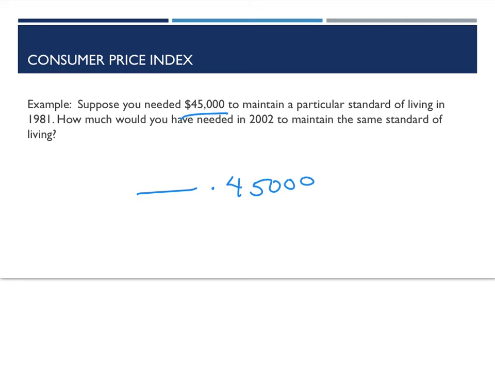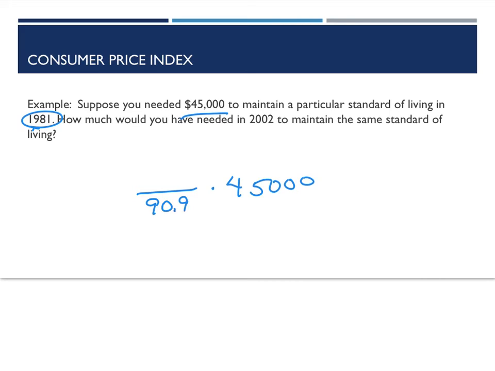If I have $45,000 in 1981, how much would I have had to earn in 2002 to keep my same standard of living? Well, the $45,000 is paired with 1981. What that means is I'm going to look at my Consumer Price Index and find the CPI for 1981, and that's going to go on the bottom.